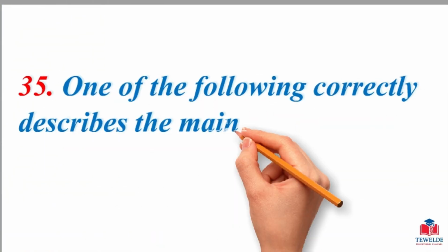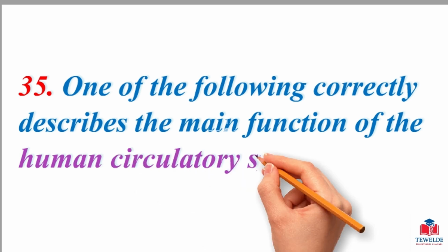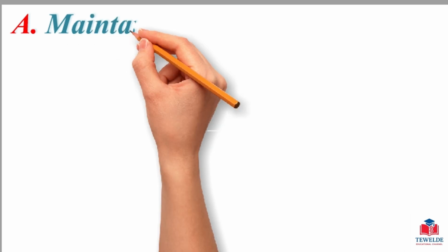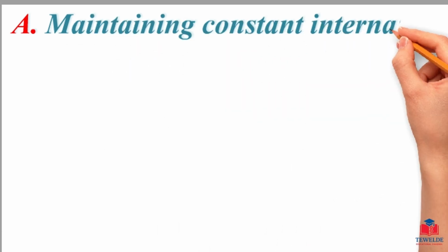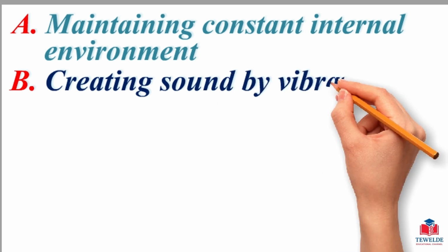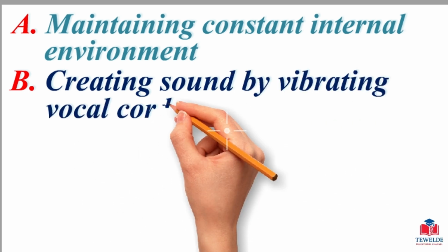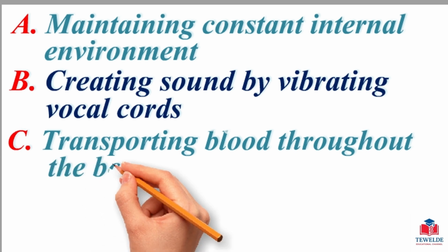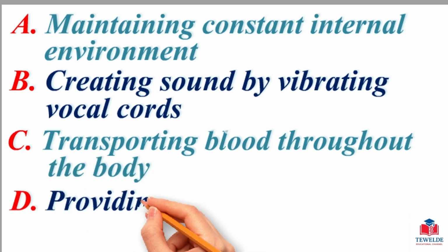Question number 35. One of the following correctly describes the main function of the human circulatory system. A. Maintaining constant internal environment. B. Creating sound by vibrating vocal cords. C. Transporting blood throughout the body.